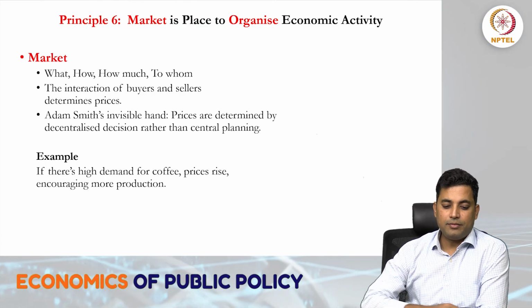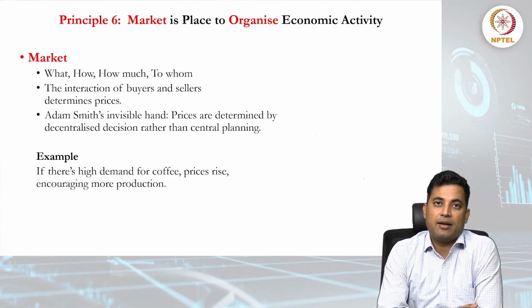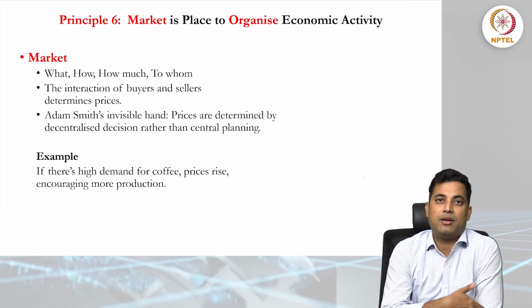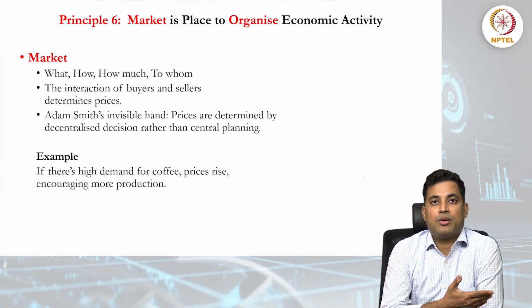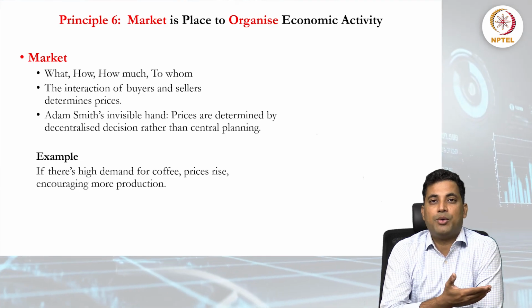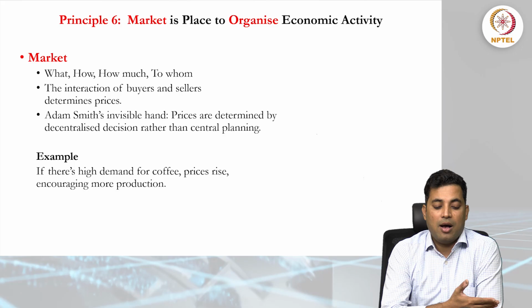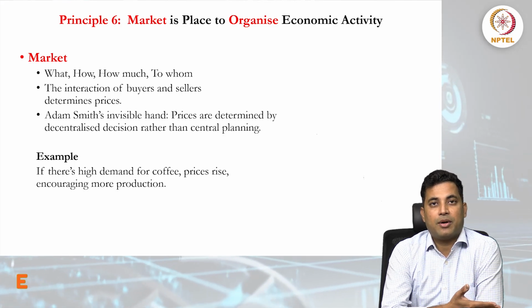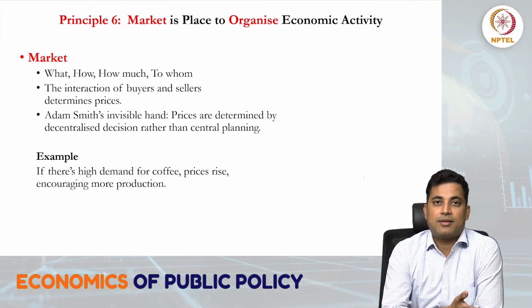So the questions that we raised at the beginning while explaining the economics of public policy, like why we think that economics is important, what to produce, why to produce, for whom to produce, how much to produce: this is very important before discussing, because the market decides all this.